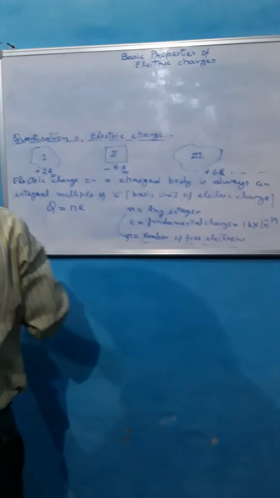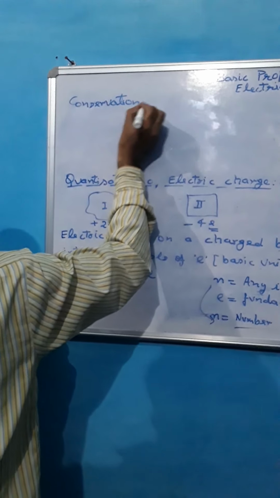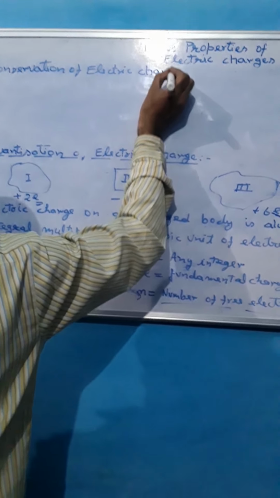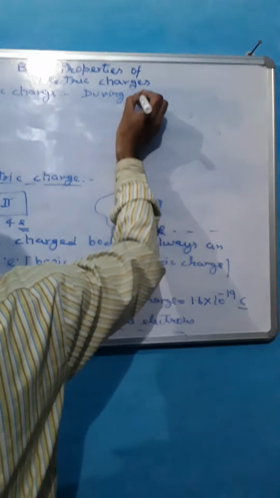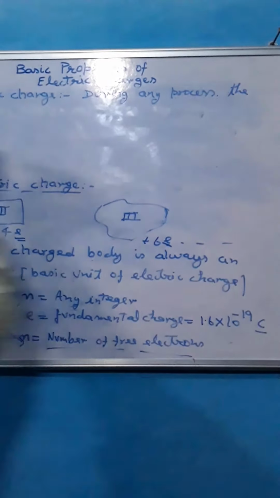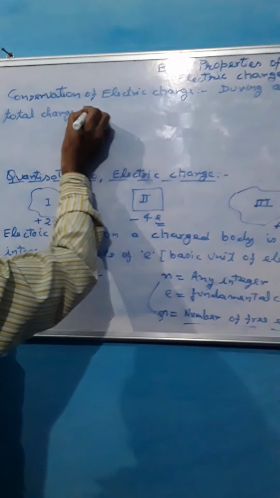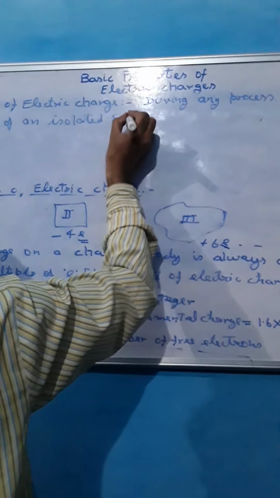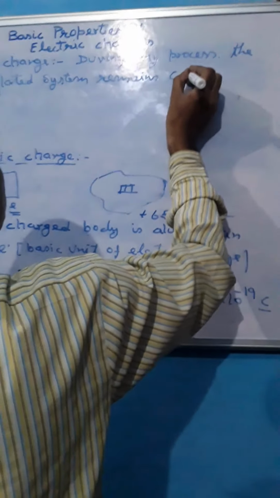And this property states that conservation of electric charge says that during any process, the total charge of an isolated system remains conserved or constant.